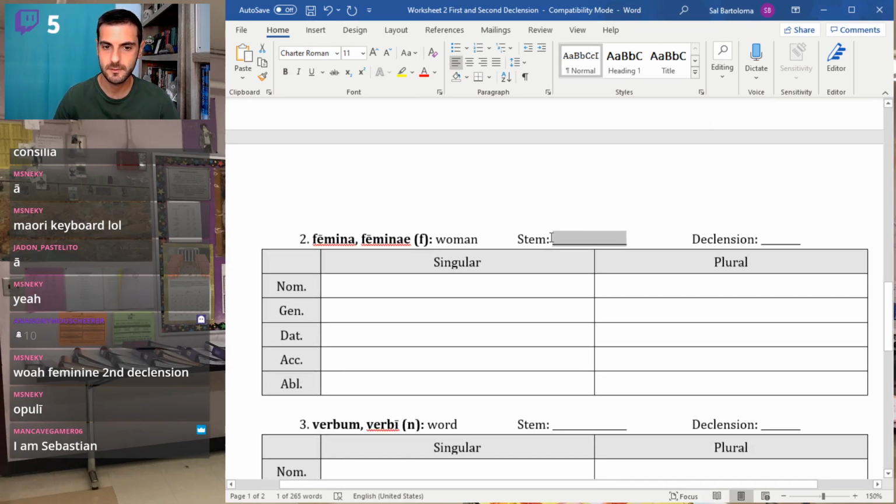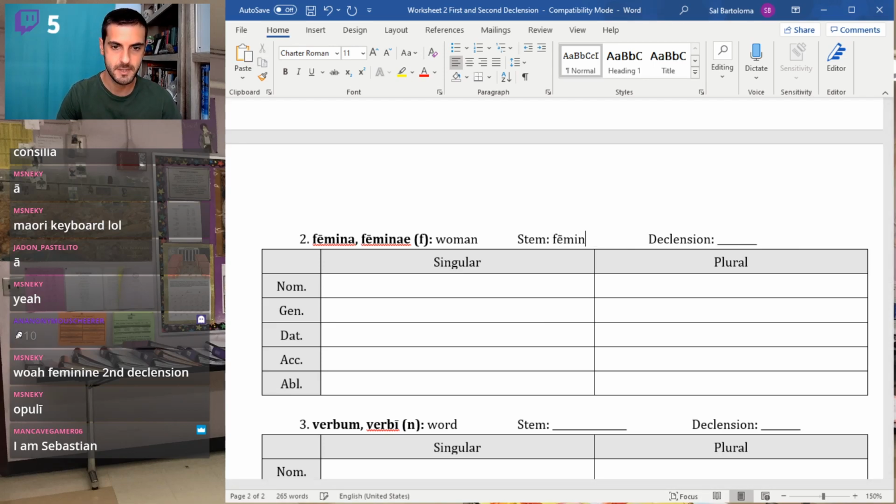Femina. So my stem is femin. I forgot to bold these. And that is, of course, a first declension noun, or as you guys know them, easy money. We're going to do this one backwards. So we're going to go femin. I'm just going to copy this for my own sanity.